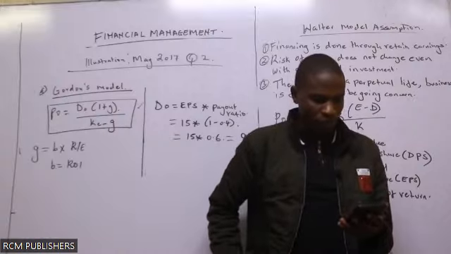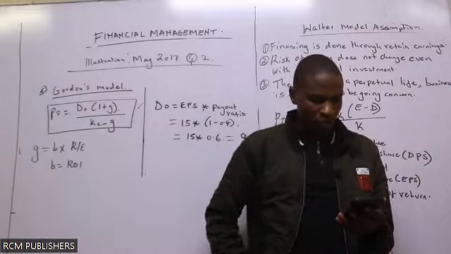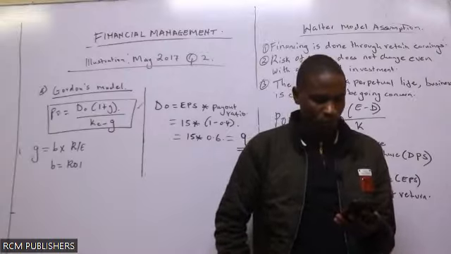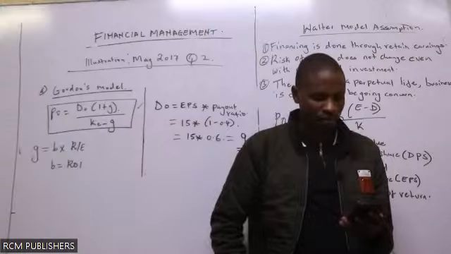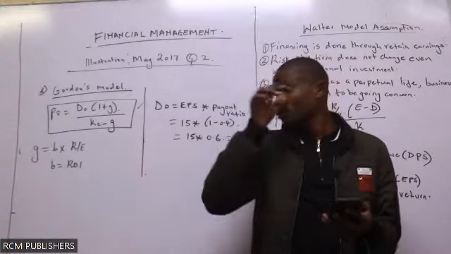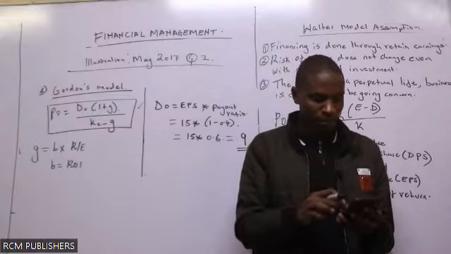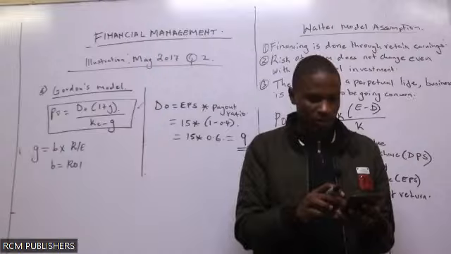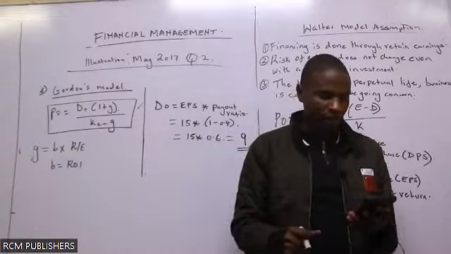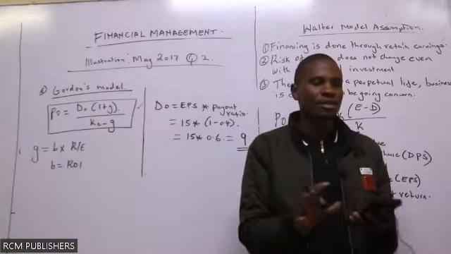It is 0.4, the 40% retention ratio. So what is our G in that regard? We just have to pick that directly.